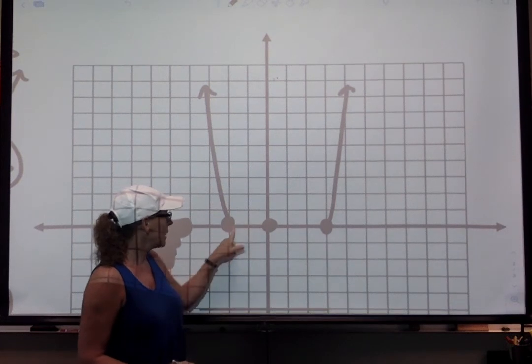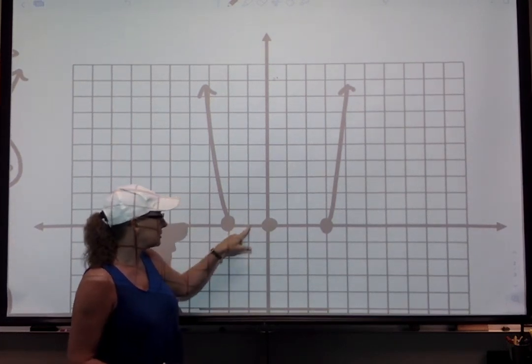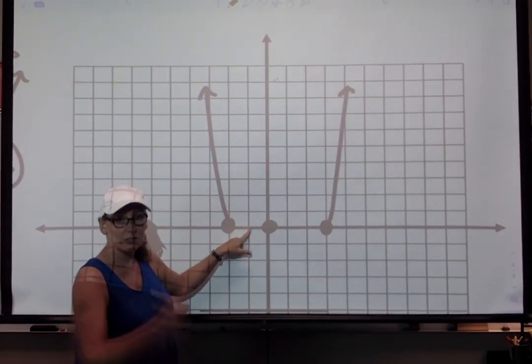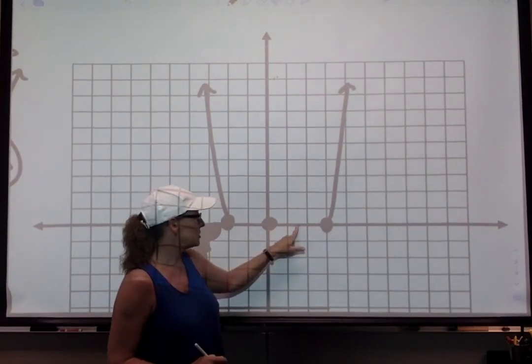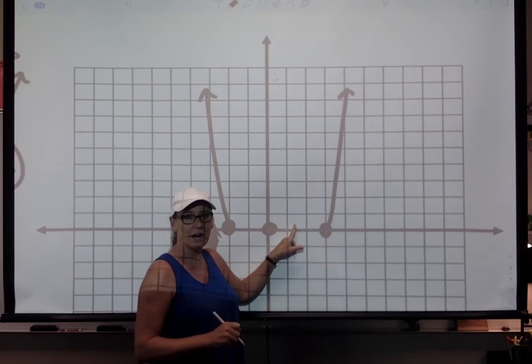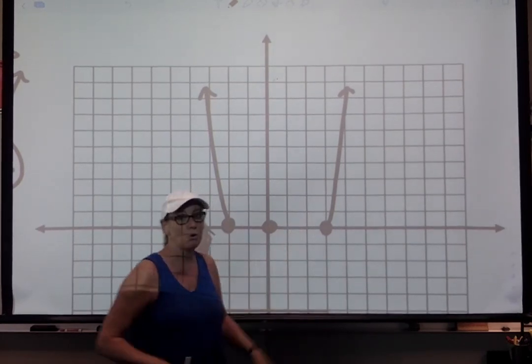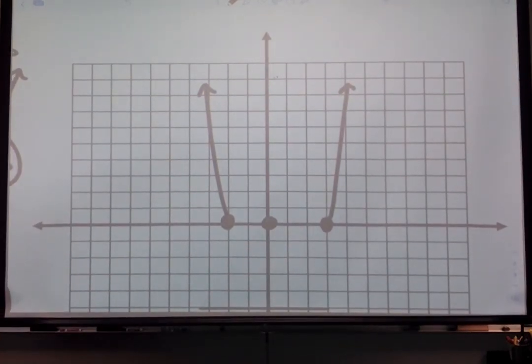So let's go halfway between these two. I'm going to choose x equals -1. Let's plug -1 into our function. Halfway between these two, I'm going to choose positive 1.5. Let's sub in 1.5 and see what I get.